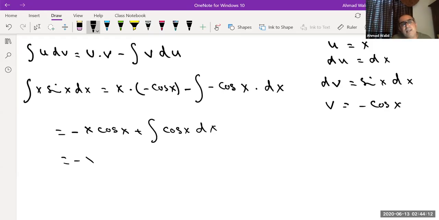Which is equal to negative x cosine x plus, what is the integral of cosine x? The integral of cosine x gives you sine x. And because you are dealing with an indefinite integral, plus C, final answer.